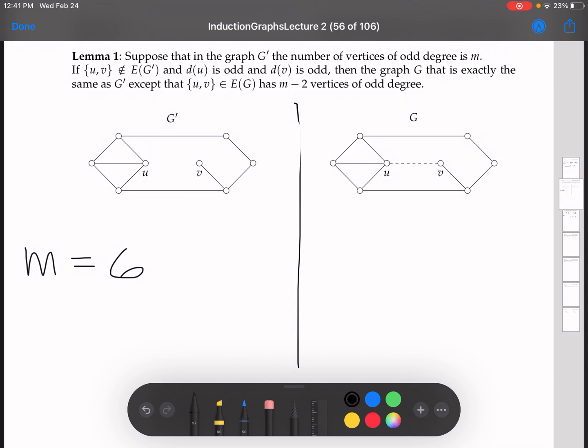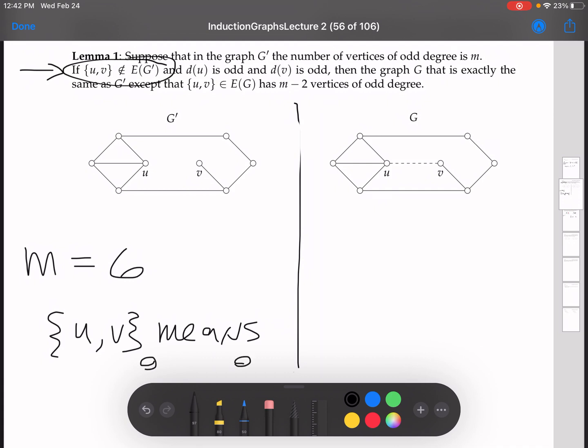All right, so now going to this second line here, we see that if UV is not an edge, remember that when we write this, this means that U and V are connected by an edge. So if UV is not an edge in G prime, and you can see that's the case, it's not an edge in G prime.